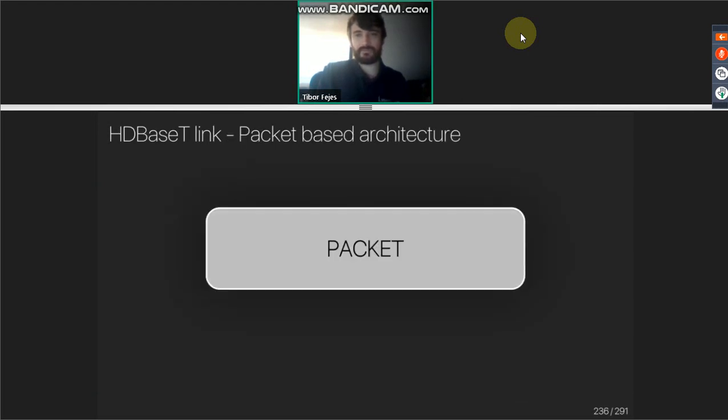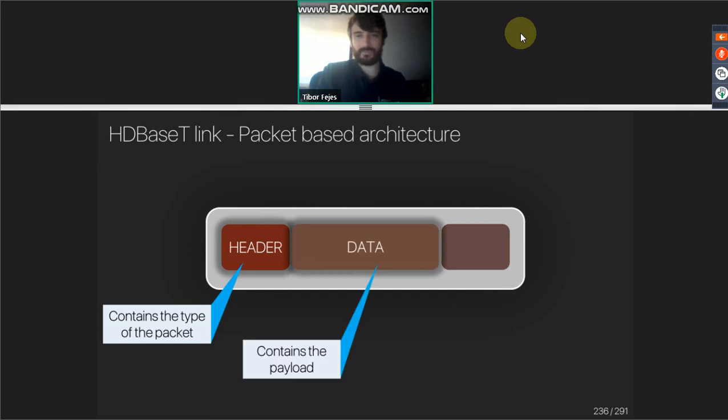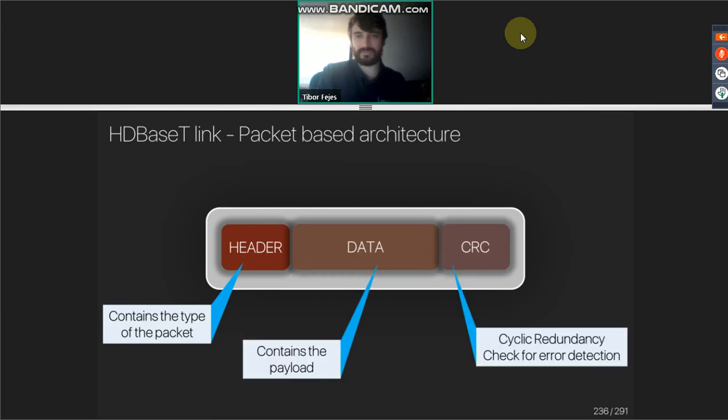If we look at the structure of the packet, it's divided into 3 parts. The header, which tells us what type of packet it is. The payload, where the actual data we want to transmit is stored, and then the CRC for deciding whether or not the packet is sent correctly and whether there's a transmission error.